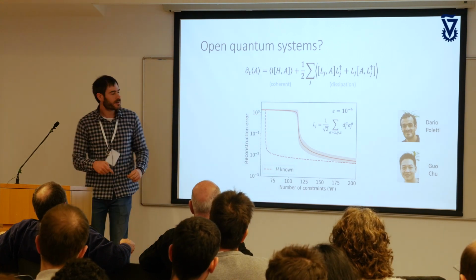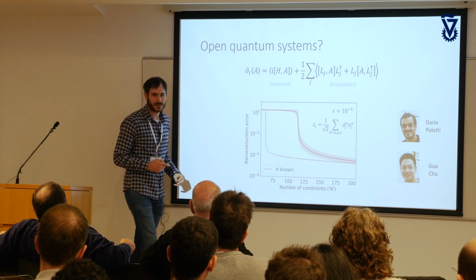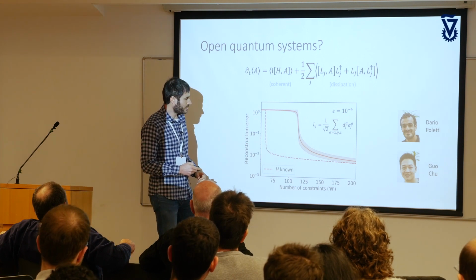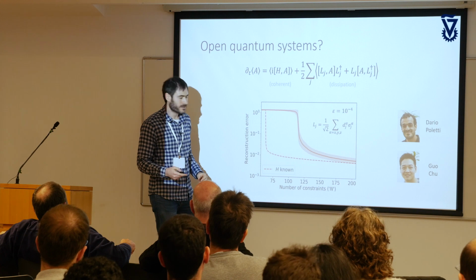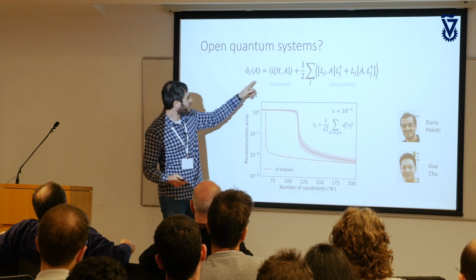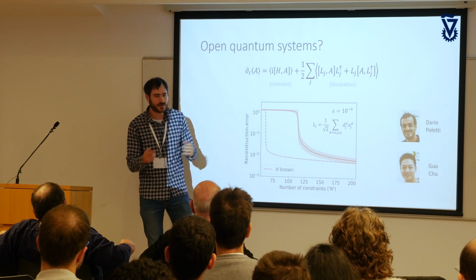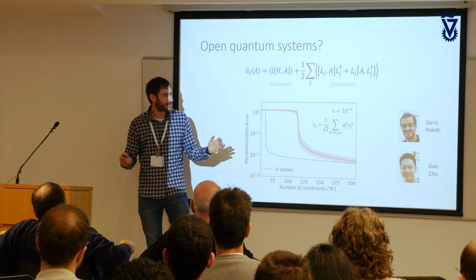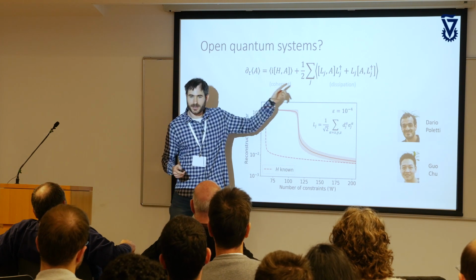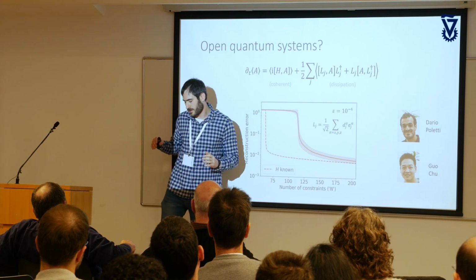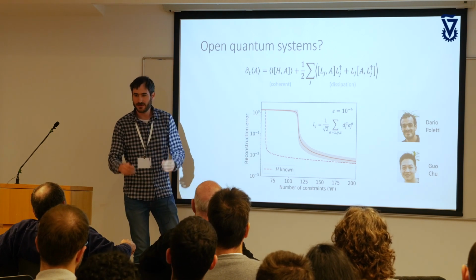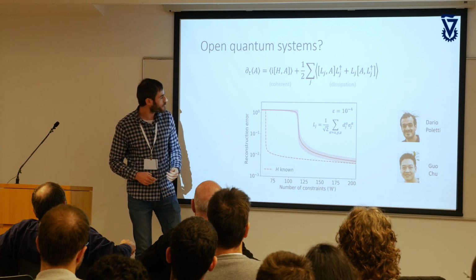We can extend our formulas into this setting, and indeed we find that if we measure the steady states of these systems, and I should mention that in contrast to Hamiltonians, which have many eigenstates, a generic Lindblad evolution reaches a unique steady state, which depends on the dynamics but not on the initial condition.